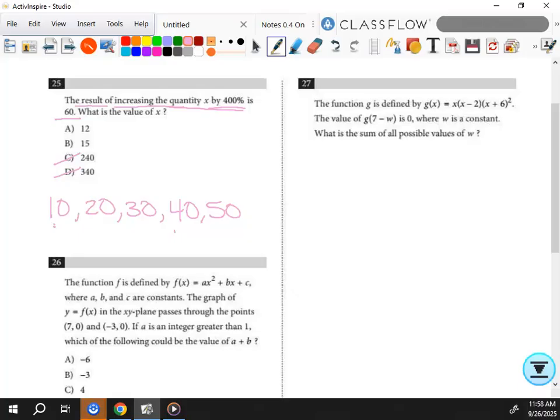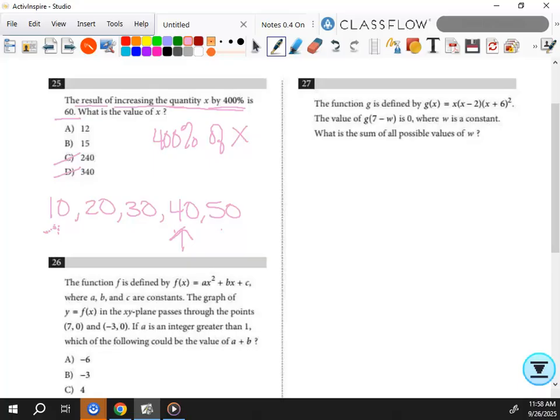When I increased it by 400%, I ended up with 500% of my original. If I was to say 400% of X, then 400% of 10 is 40. If I increase it by that amount, I have to add it to it. All right, you with me on that?